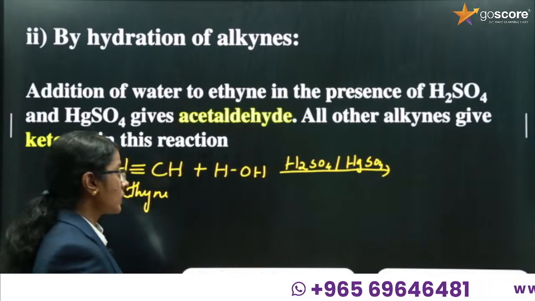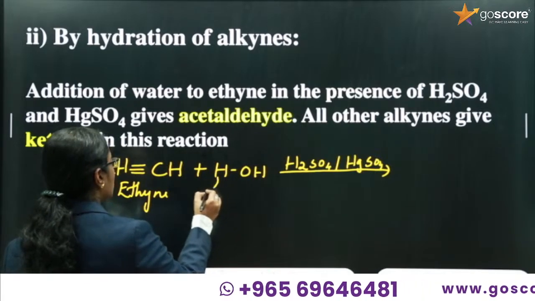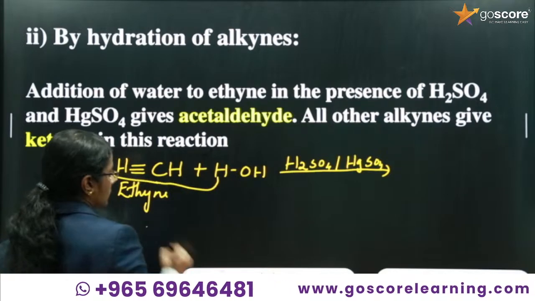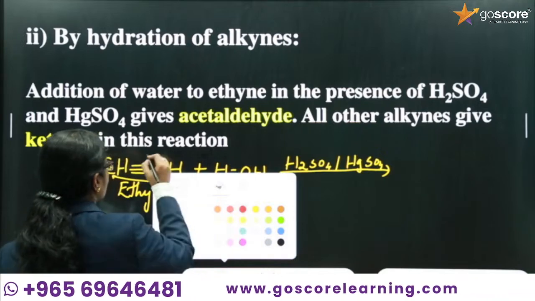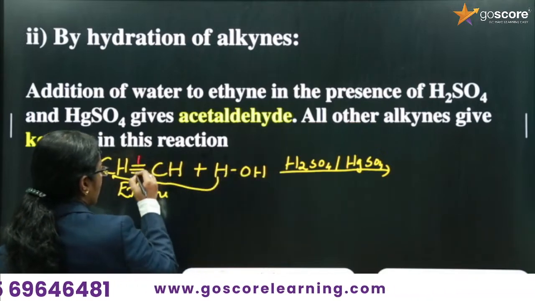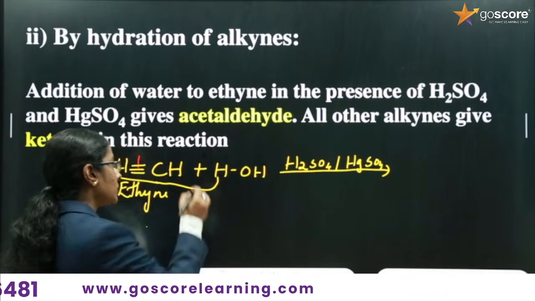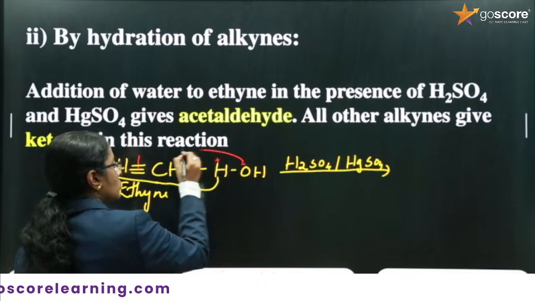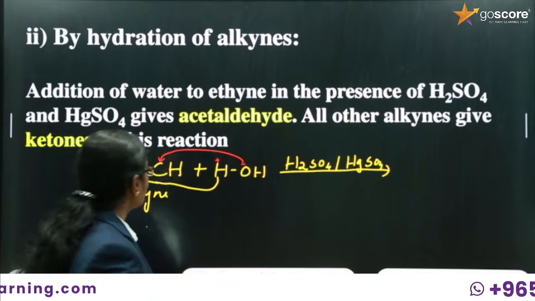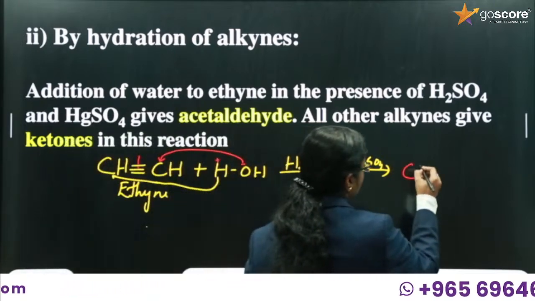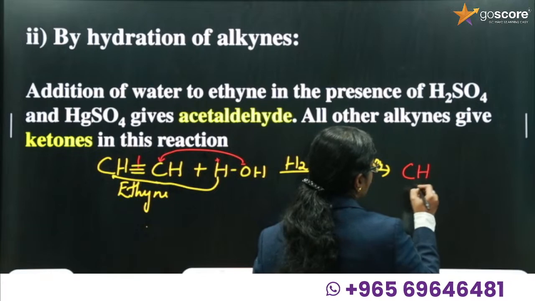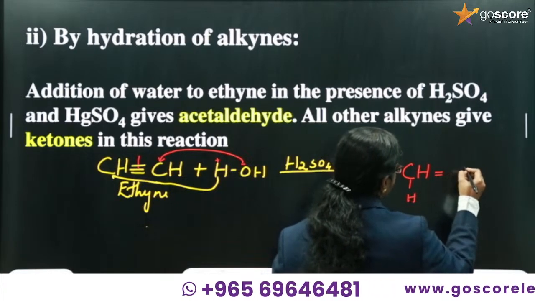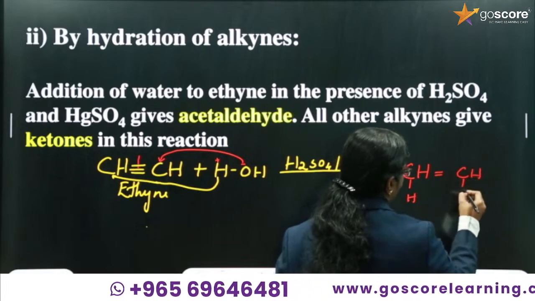the enol form. The hydrogen will shift to the carbon and the multiple bond will break, and this OH will attach to the carbon. So you will get CH2 double bond CH-OH.